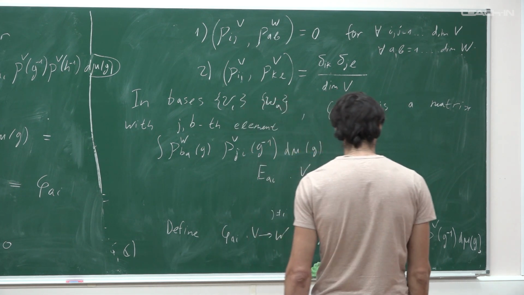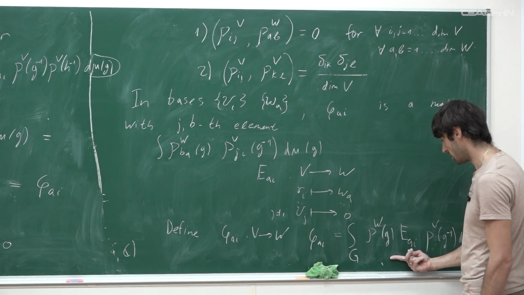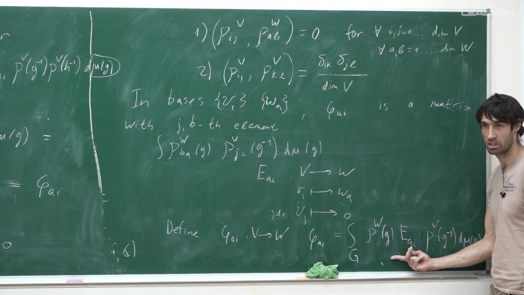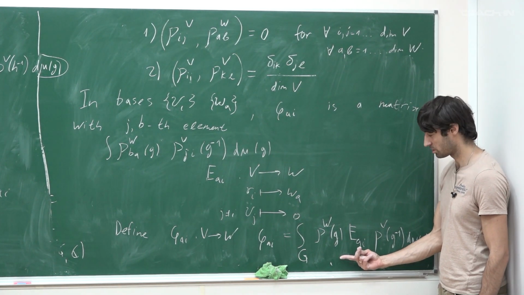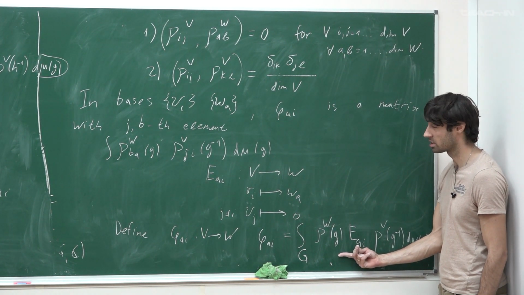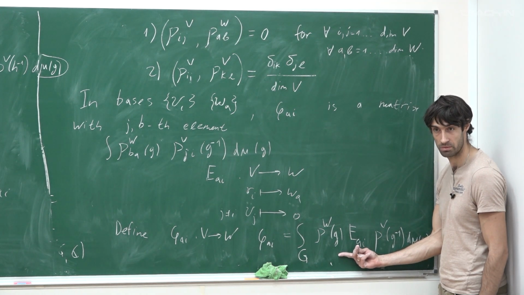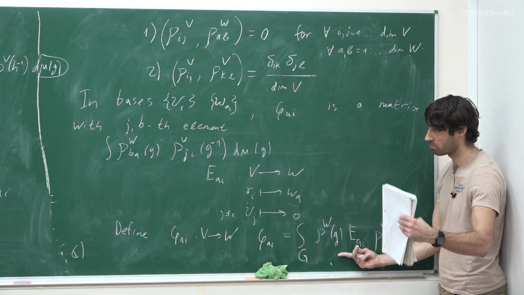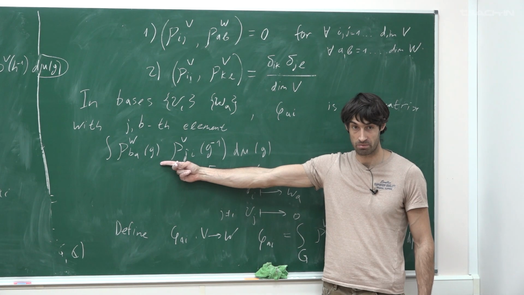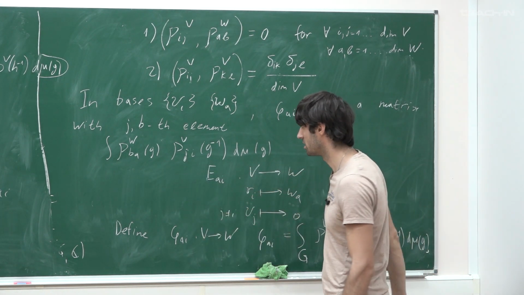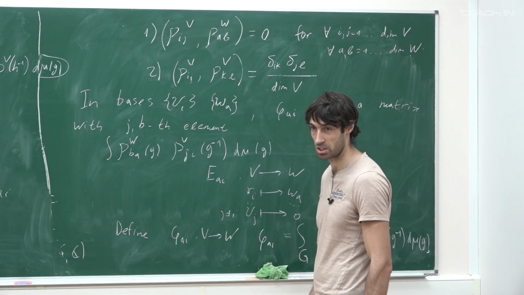So again, you just need to do it yourself if you don't believe me. So this is in bases V and W some matrix. So I claim that the (b, j)th element of this matrix looks like this. Okay, some elementary manipulations with matrices.